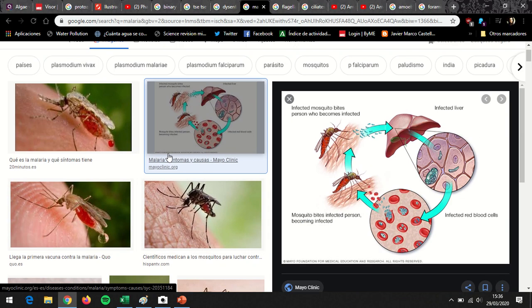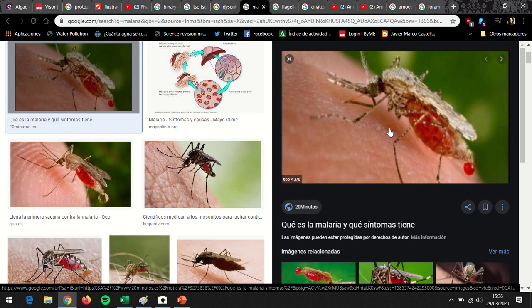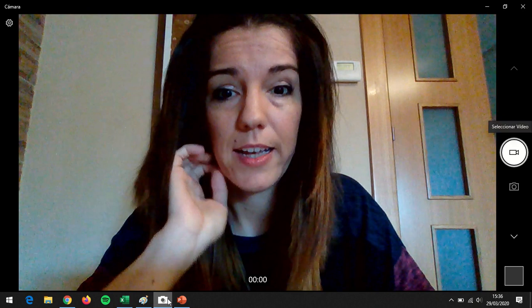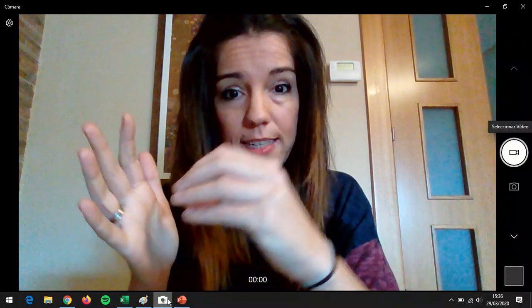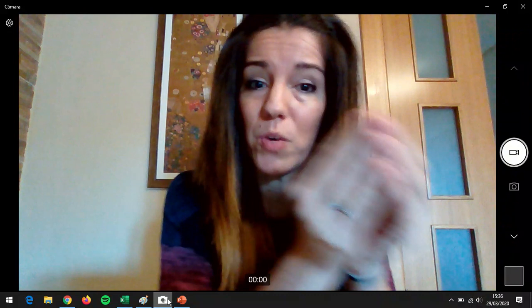It is also transmitted by a mosquito, in this case, just the female of a mosquito which is called Anopheles. And it works exactly the same. When this mosquito bites somebody who is sick with malaria, when it takes the blood of this person, the mosquito is going to have the blood with the parasite.